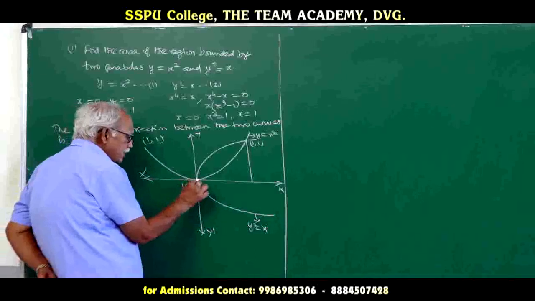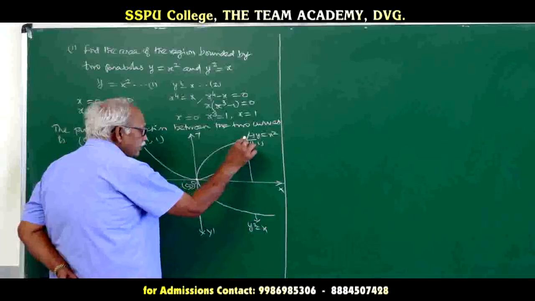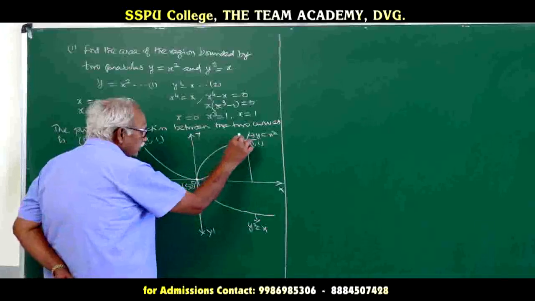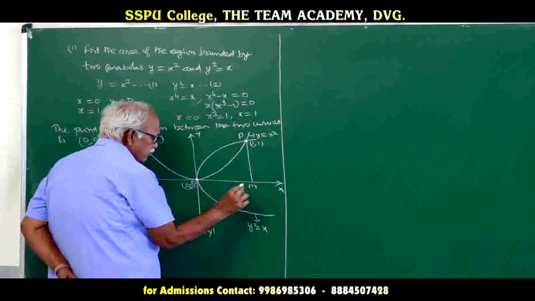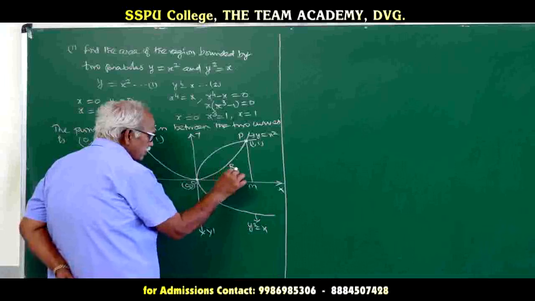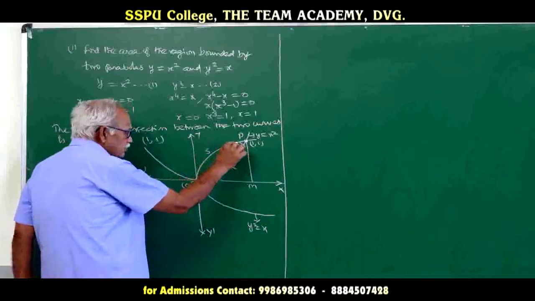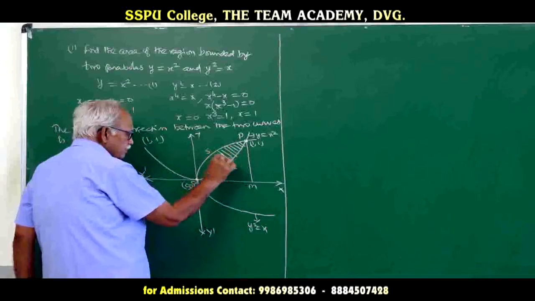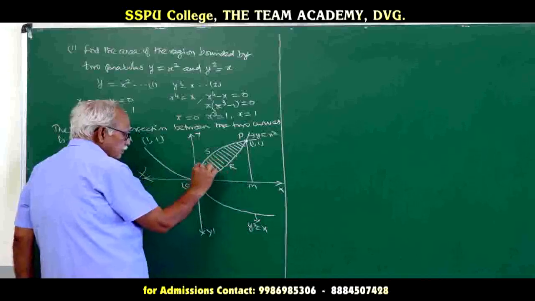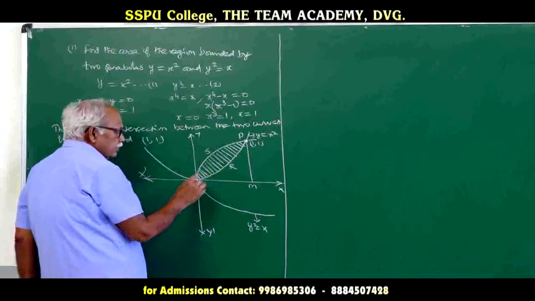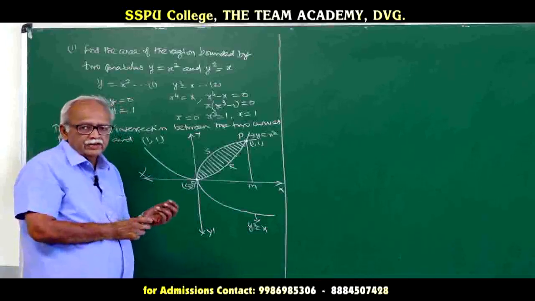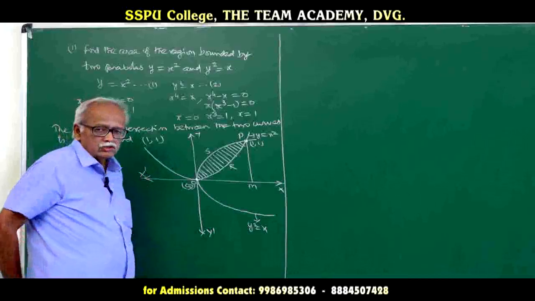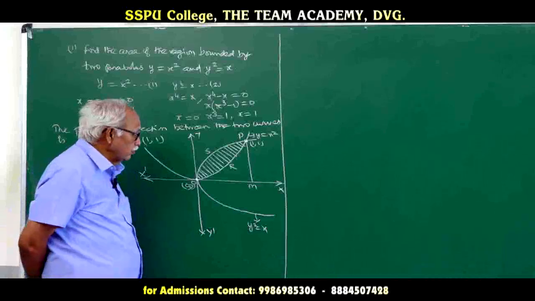So, this is one point of intersection and another point of intersection. Now, you can name these points O, P, you can take this as M, this as R and S. So, this is the area that we have to calculate. The two curves, just now we derived the integral for area between the two curves, upper curve minus lower curve.